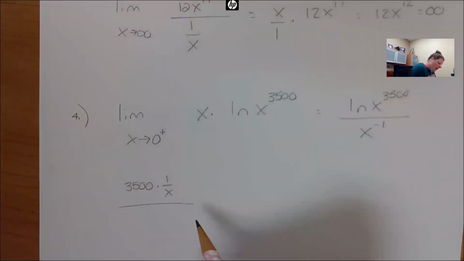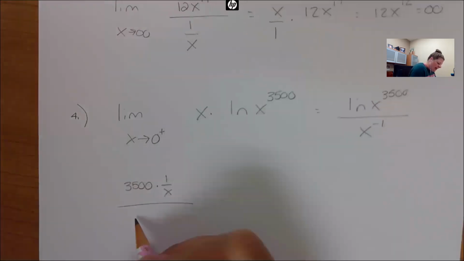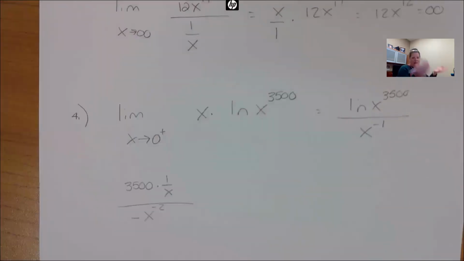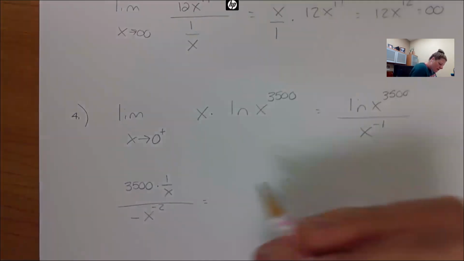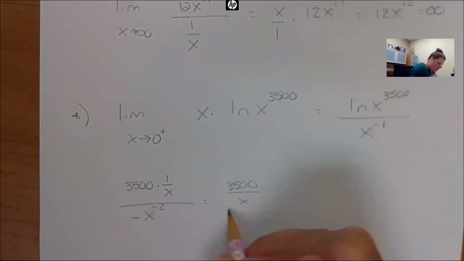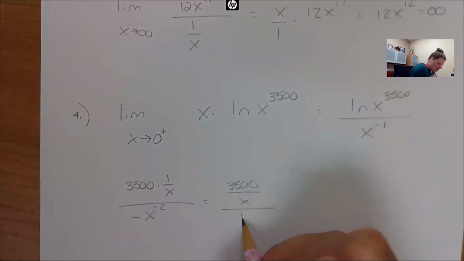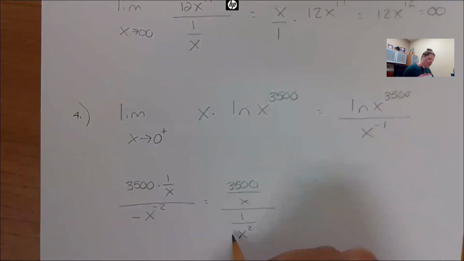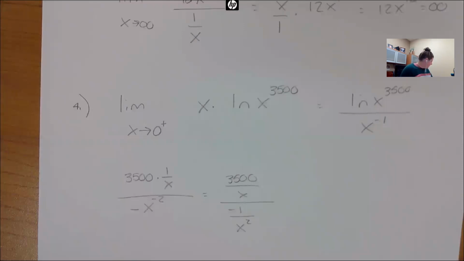Okay, and then on the bottom, it's going to be negative x to the negative second. So you bring the negative 1 down, minus 1 more out of the exponent. Now let's rewrite this. This would be 3,500 over x over 1 over x squared, and that would be a negative 1. That's really what we have here.